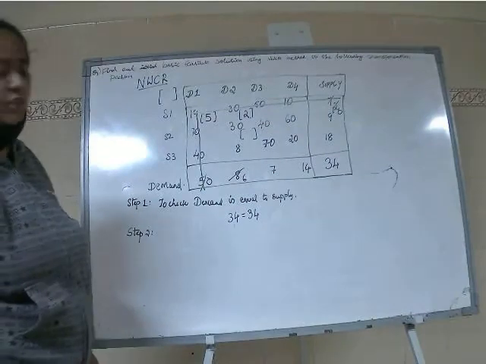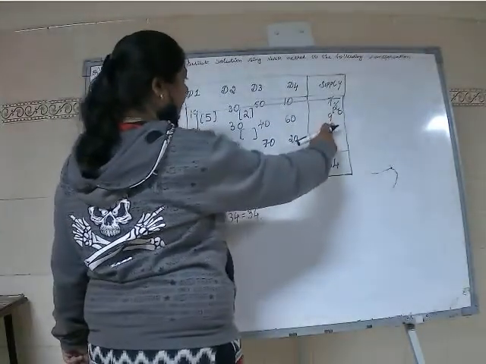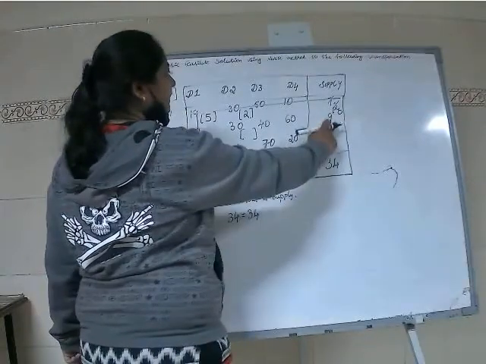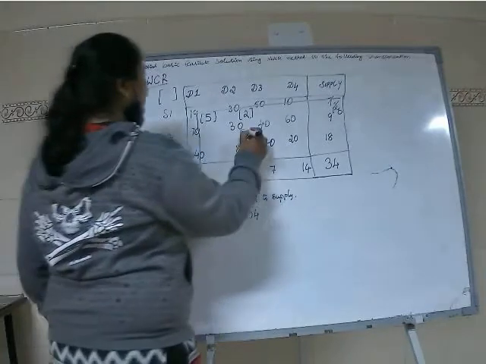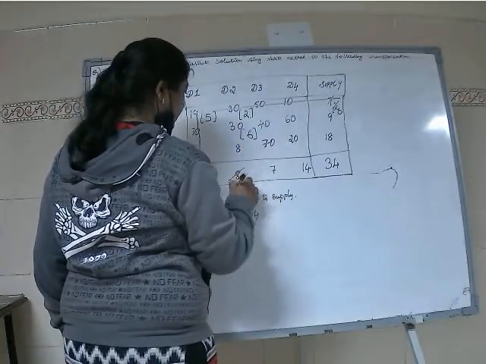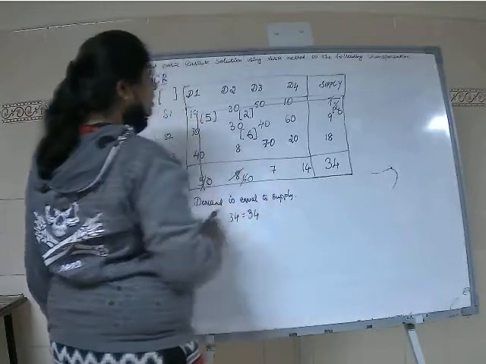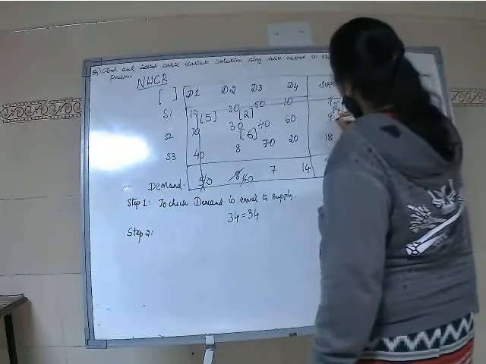So I put the allocation there. Now again I have to check demand and supply. It is 6 and 9. So the minimum value here is 6. So I allocate here 6. So this 6 becomes 0. 9 minus 6 will become 3.